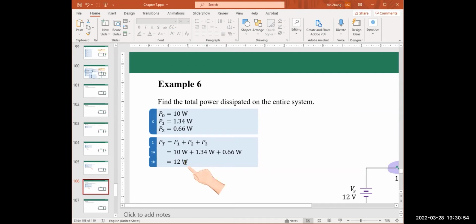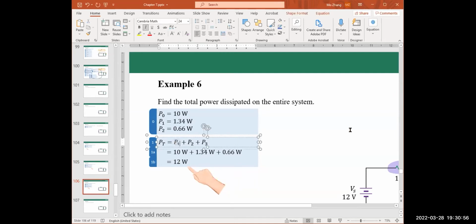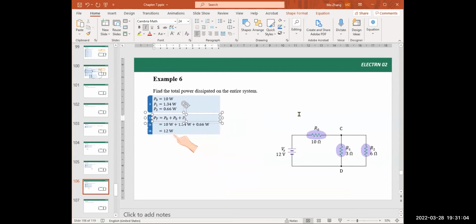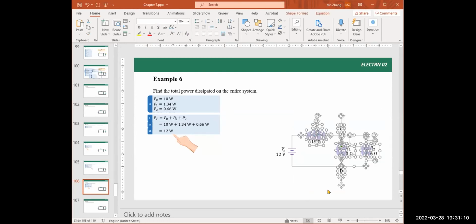Together they equal 12 watts. So in conclusion, a total of 12 watts of power is dissipated on this circuit, on the resistors, on the system.